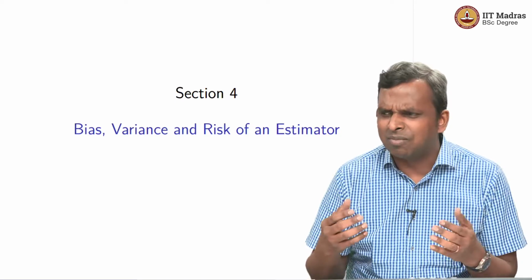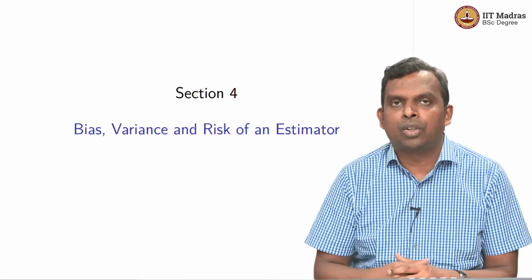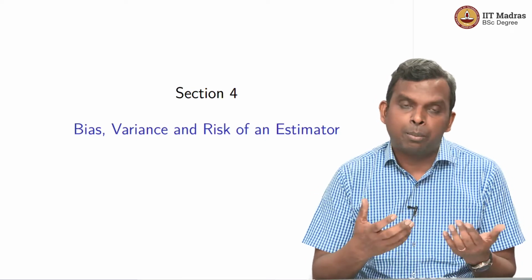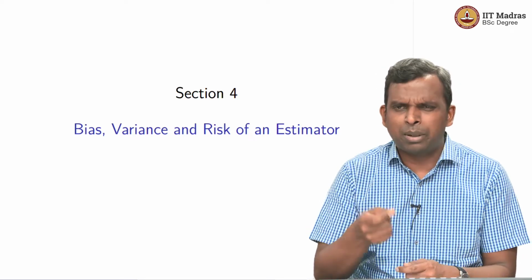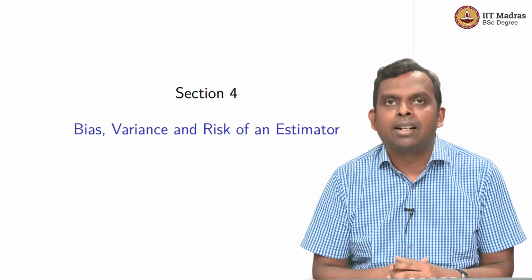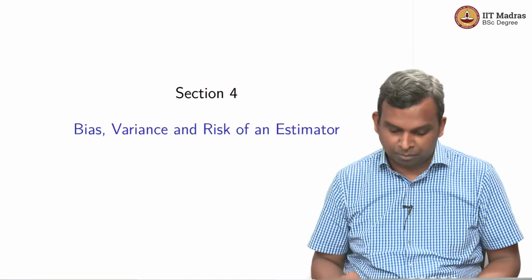Of course the moderate skill that you need is, given a description of the estimator, how do you compute bias, variance, and risk? That involves a little bit of manipulation, and I will focus a little bit on that skill as well. So let's get started.